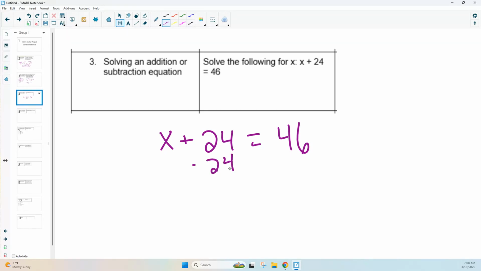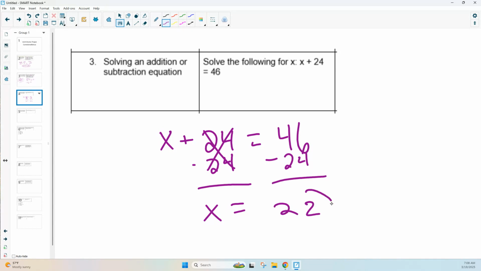I'm going to take 24 off of one side. If I add 24 and then take 24 away, that cancels out. Now I only have X. If I take 24 off of one side, I have to take 24 off of the other side. And then I am left with 22.